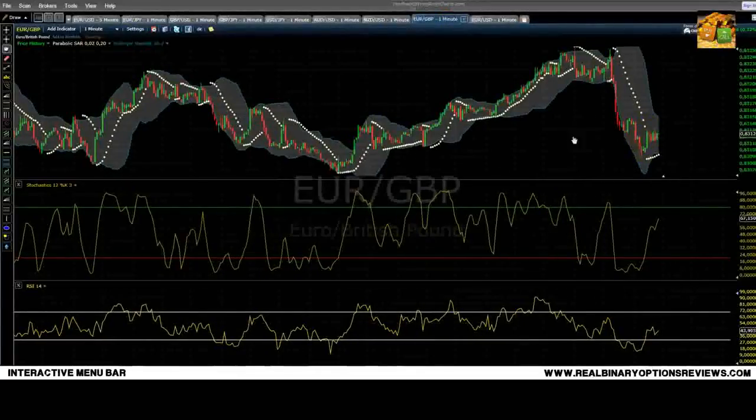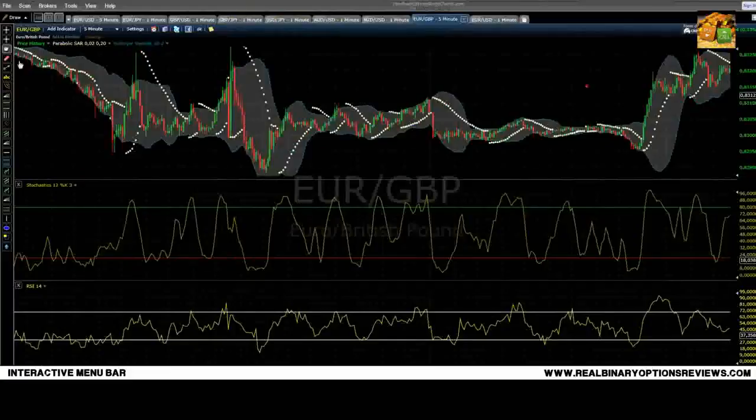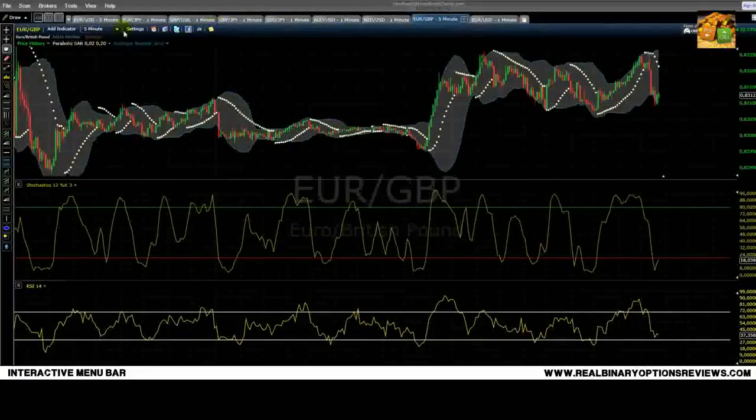Okay, so here we are having a reversal. I'm going to open this chart on the 5-minute chart. And let me just zoom in. Or let's say first I want to draw a Fibonacci line here. So I'm going to take this last trend you can see here. I'm going to zoom in a little bit.